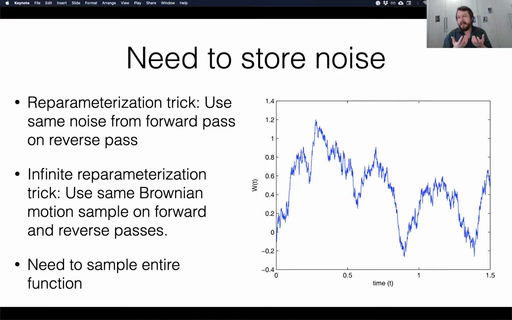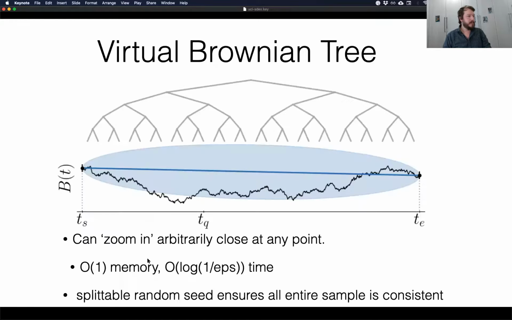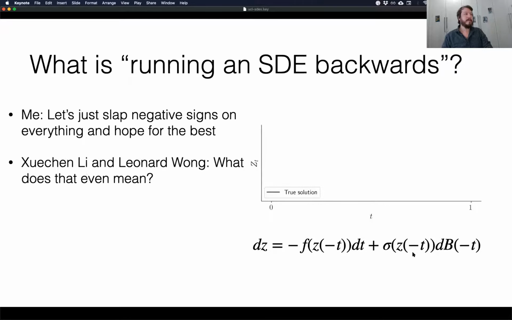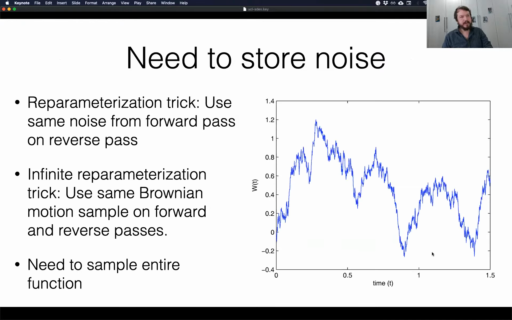But SDE people already set up their whole formalism to do that with an infinite dimensional reparameterization trick, right? They already took all the noise in their model and made it into one Gaussian process with no parameters. Anyway, so if we can just somehow sample from that Gaussian process, we're done.